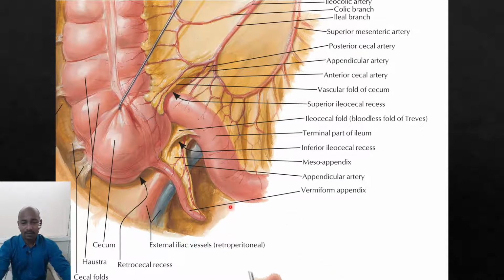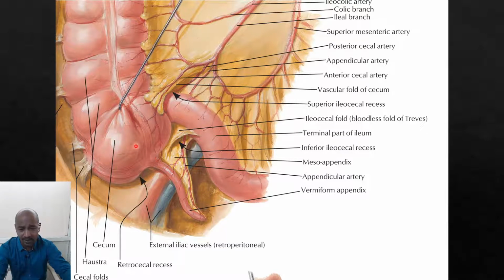So coming to the gross anatomical features, the appendix is 6 to 10 centimeters long, attached onto the cecum at the confluence of the tinea coli. You can see there is one band of vertical smooth muscle fibers here, here, and on this side.